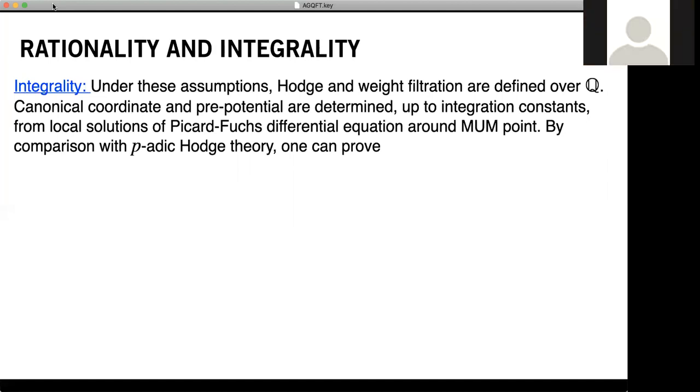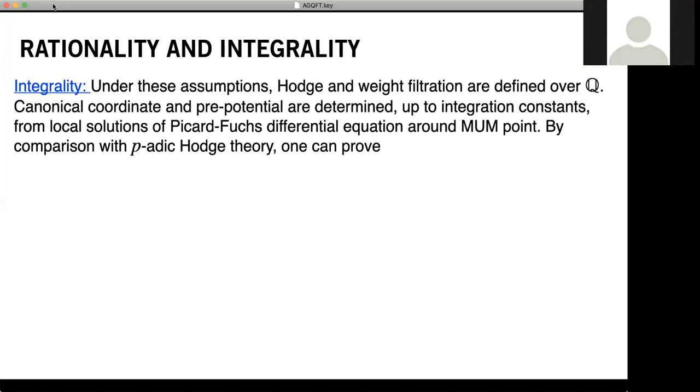Mm-hmm. And okay, so you can understand it like you said, but for me, the simplest way to think about this is that it just means you can get them from solving a differential equation, right? Because the differential equation, you get it just from the Picard-Fuchs equation. You just get it from the monodromy of the fibers.